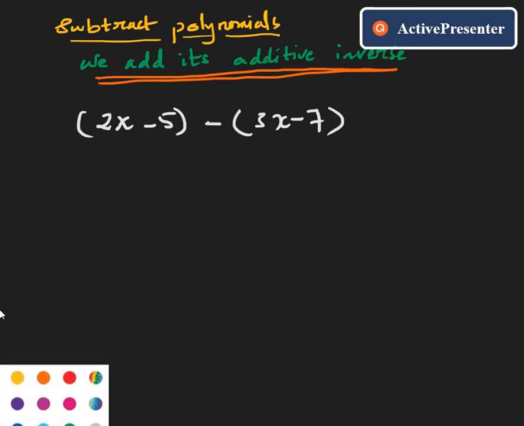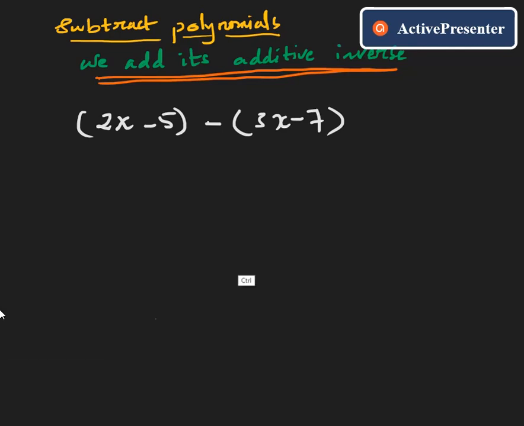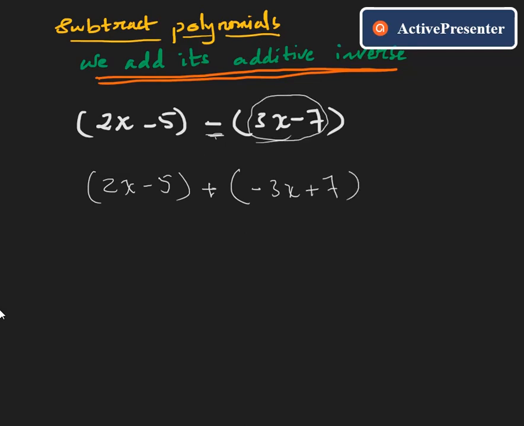As I told you before, we add its additive inverse. We say 2x minus 5 will remain the same. Now we will add the additive inverse, which is minus 3x plus 7, the additive inverse of this one.